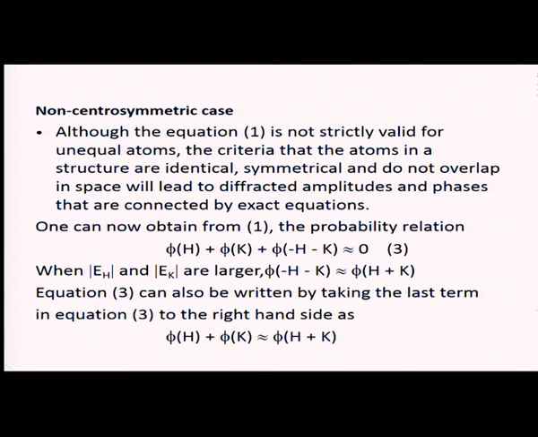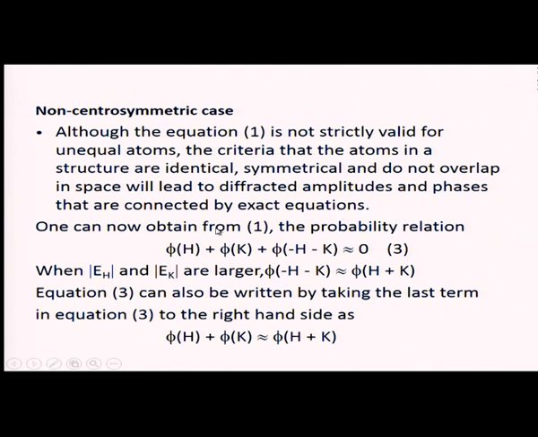This is for centrosymmetry. Suppose it is a non-centrosymmetric case, we have seen that in this case the phase can be anywhere from 0 to 2 pi, any value from 0 to 2 pi. Now, even though the Sayre's equation is not strictly valid for unequal atoms, the criteria that the atoms in a structure are identical, symmetrical and do not overlap in space will lead to diffraction amplitudes and phases which are connected by exact equations.